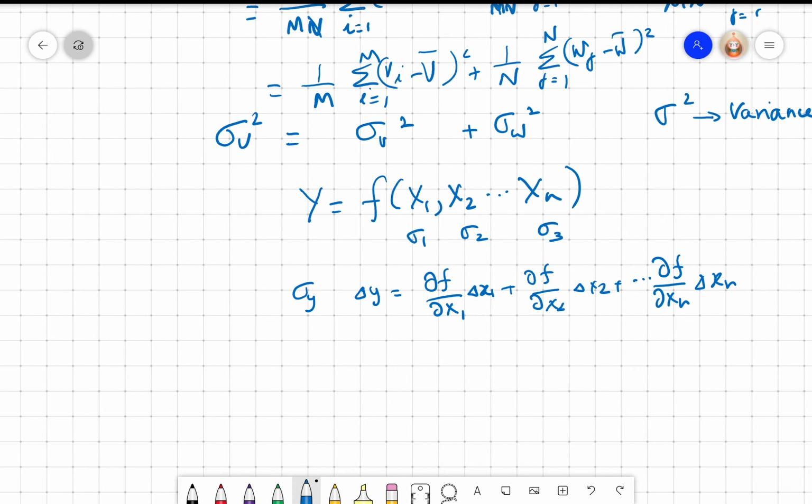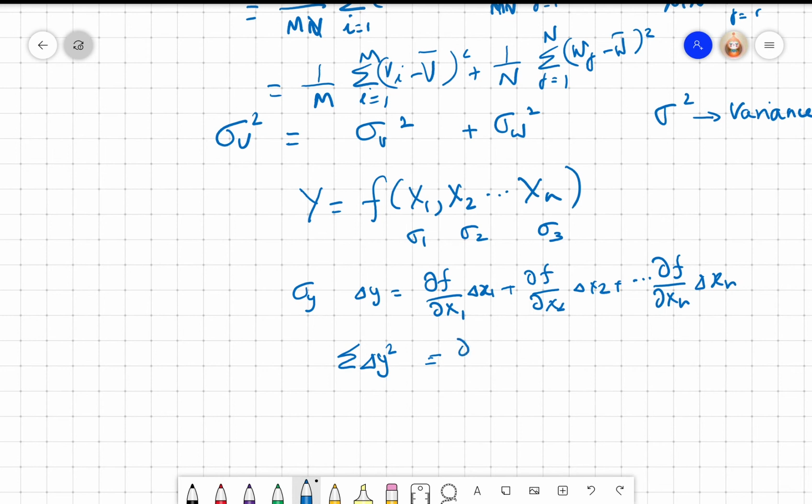Now what I have to do is put delta y square. That's the deviation square. Small deviation in y is delta y. I need delta y square summed up. So this will be, let's say, a plus b plus c plus d whole square.